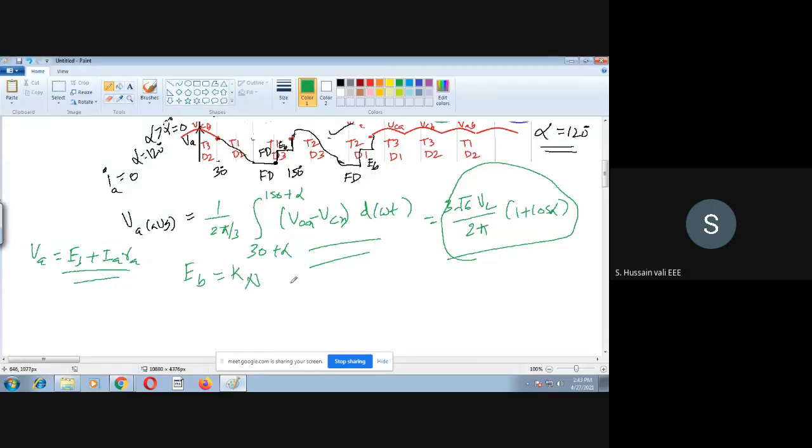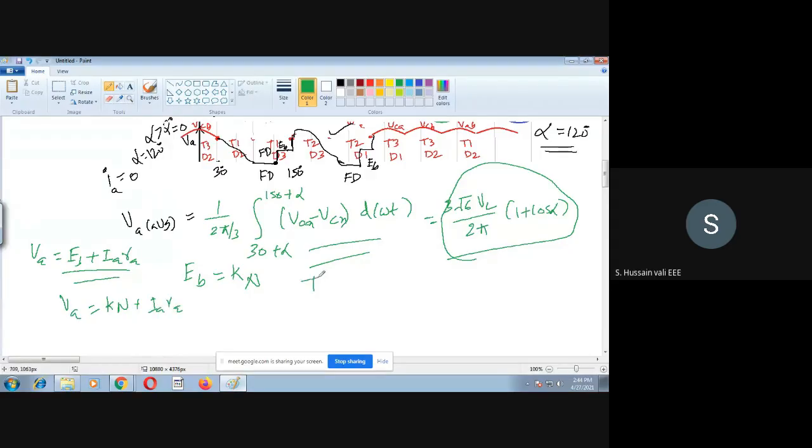So the values are 0. As the values are 0 here, substitute this here. VA is equal to Kn plus IA RA.